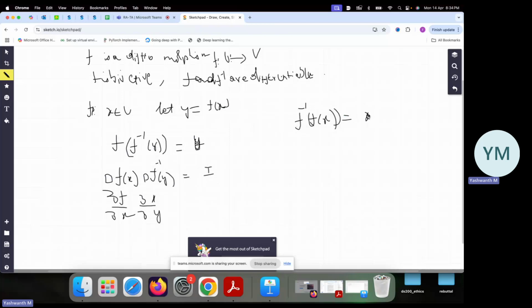Now here x is in the domain, where y was in the codomain or range. So here also we have F inverse of this thing. Let's call this y, and do that.